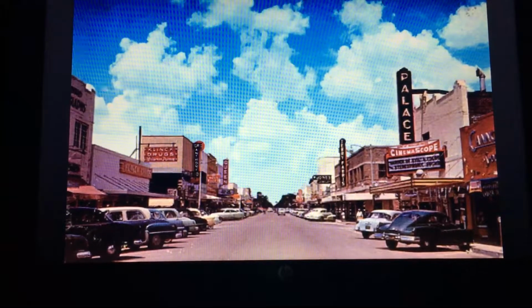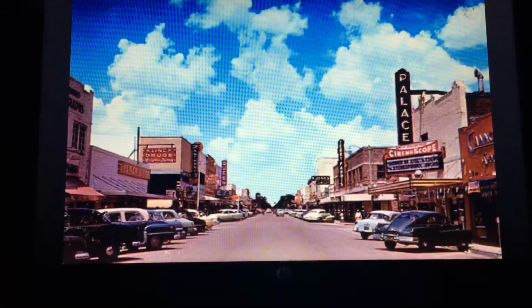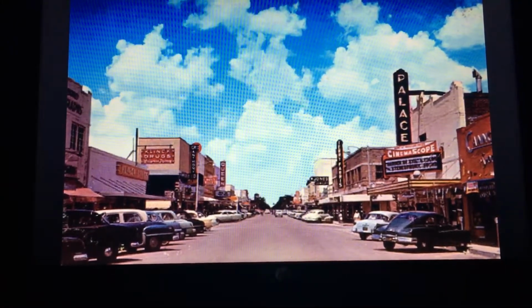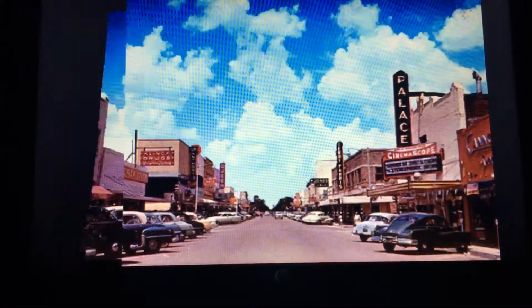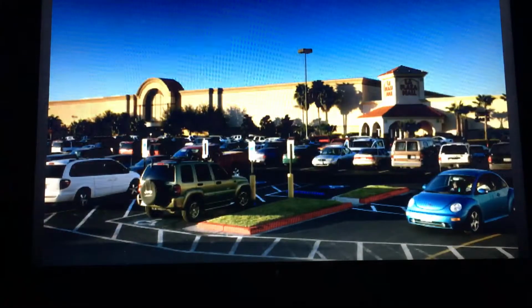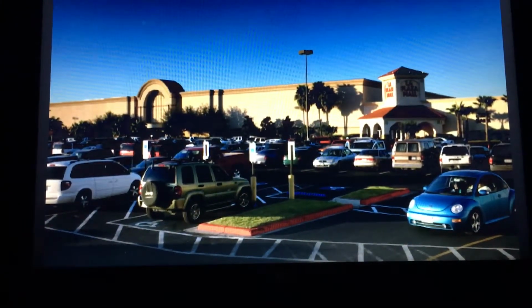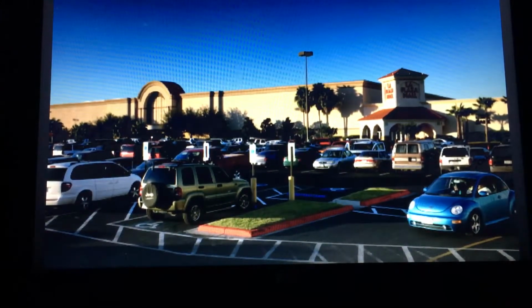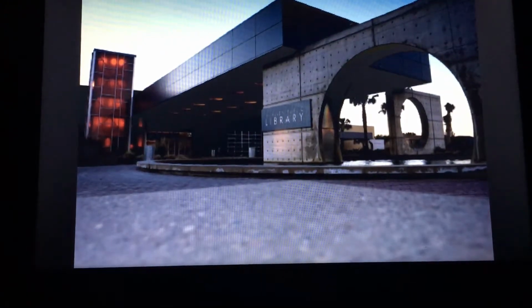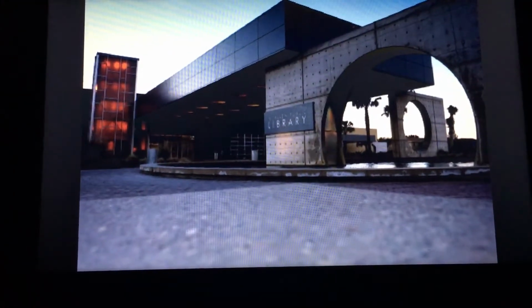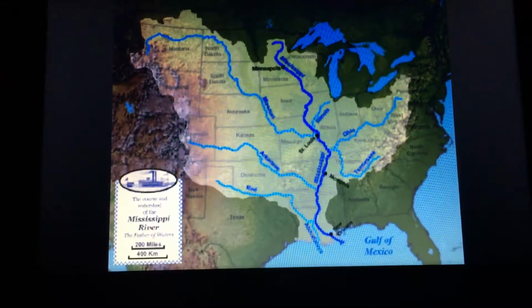So I chose the city of McAllen because I feel like it's the more populated area, being that there's so many things: the mall, downtown, the library, and so forth. These are images of these places, and they should be able to compare before in the past and the present day in McAllen, Texas.